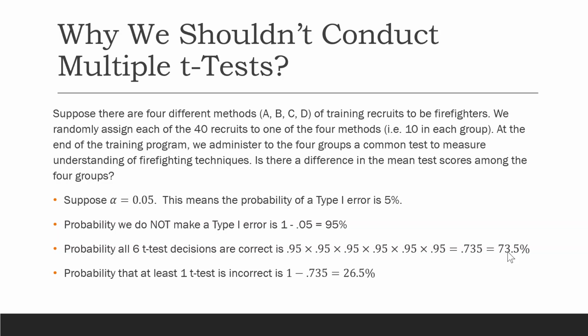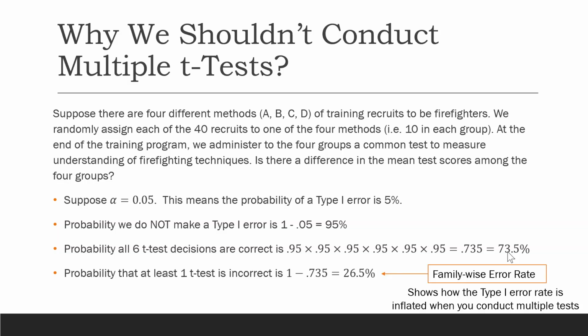It's called the complement rule. So the probability that at least one of those t-tests is incorrect can be calculated by doing 1 minus 0.735, which is 26.5%. This 26.5% is called our family-wise error rate.